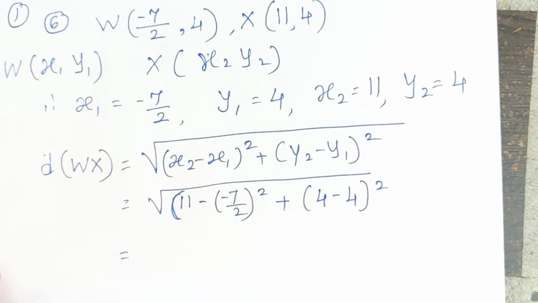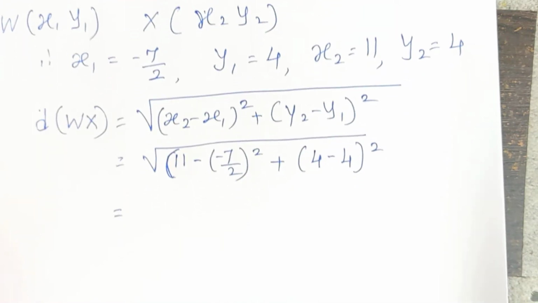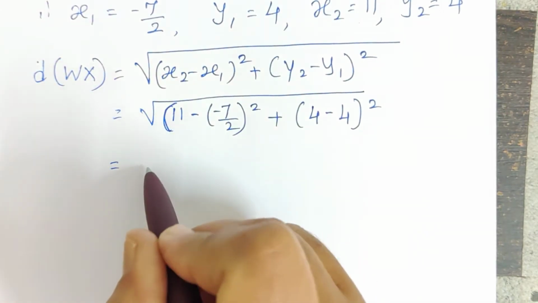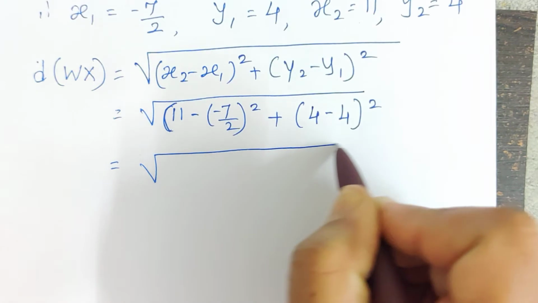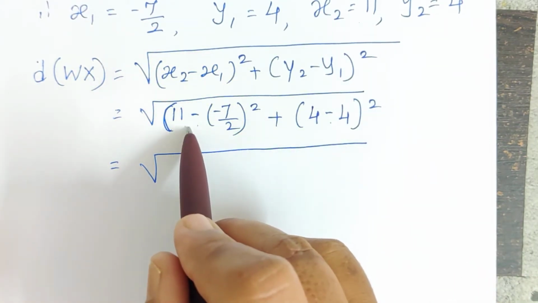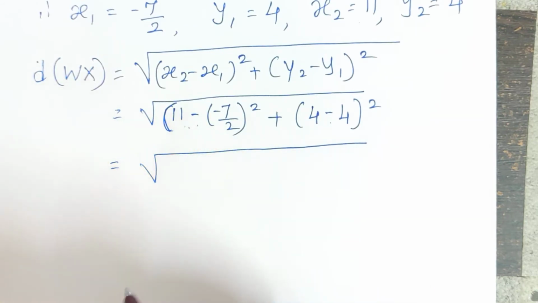Then use the rules of integers for addition and subtraction and calculate it. Subtraction we do in the form of addition and change the sign of the second term. This is an important rule. Every time you revise, you will be perfect in that.